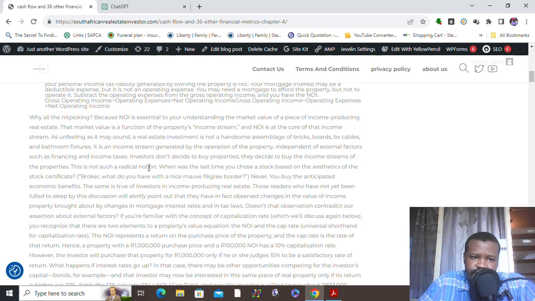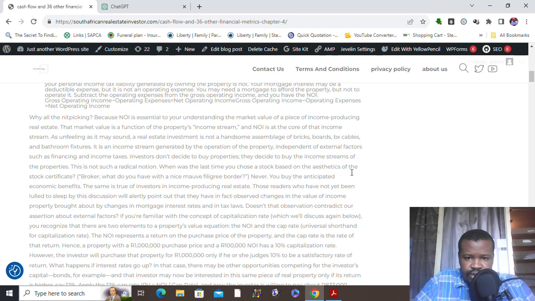This is not such a radical notion. When was the last time you chose a stock based on the aesthetics of the stock certificate? Never. You buy the anticipated economic benefits. The same is true of investors in income producing real estate.